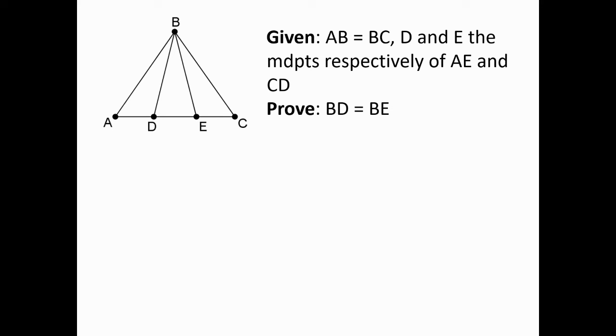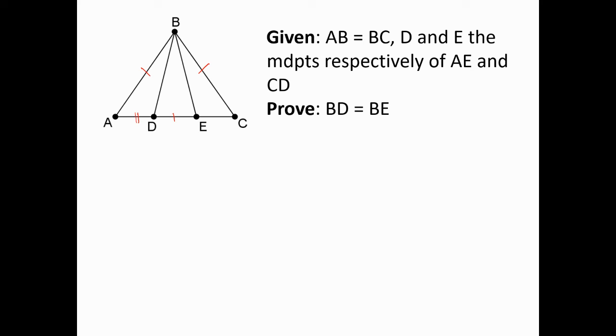So let's digest. So I see a diagram with multiple triangles, and I am told that AB is equal to BC. So I will definitely mark that into the diagram, because we are told that that is the case. Then I'm told that D and E are the midpoints respectively of AE and CD. So D is the midpoint of AE. So the 2 parts of AE are equal.